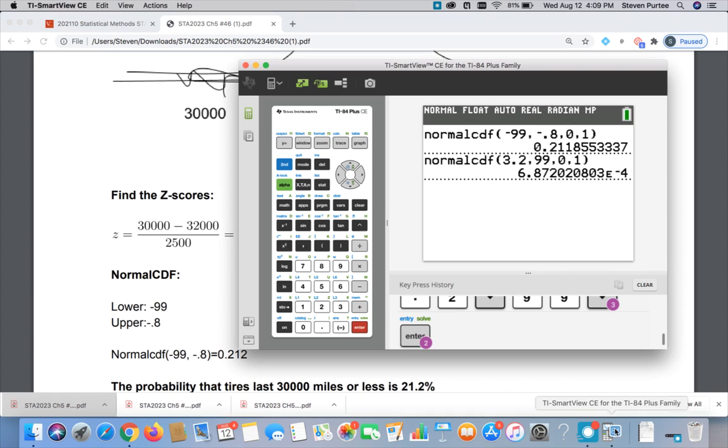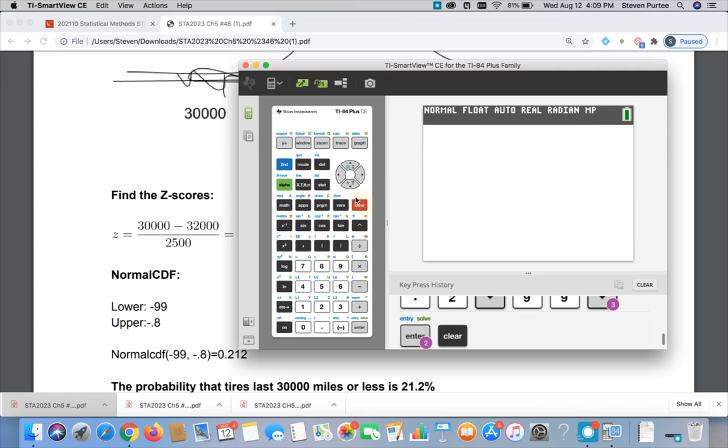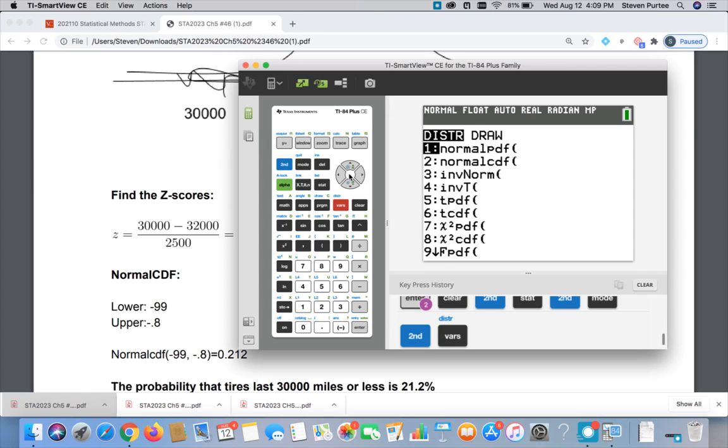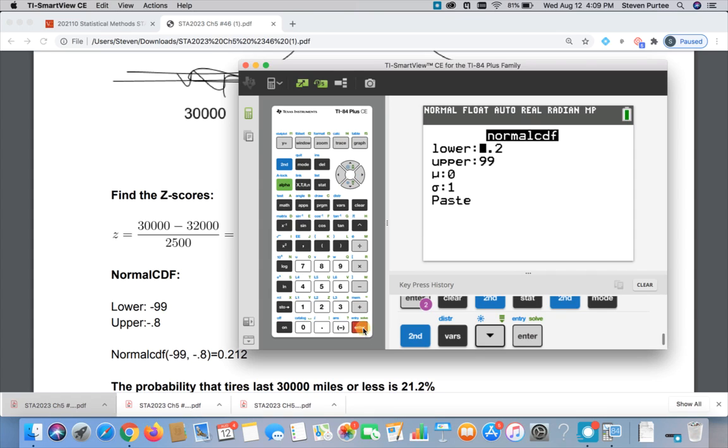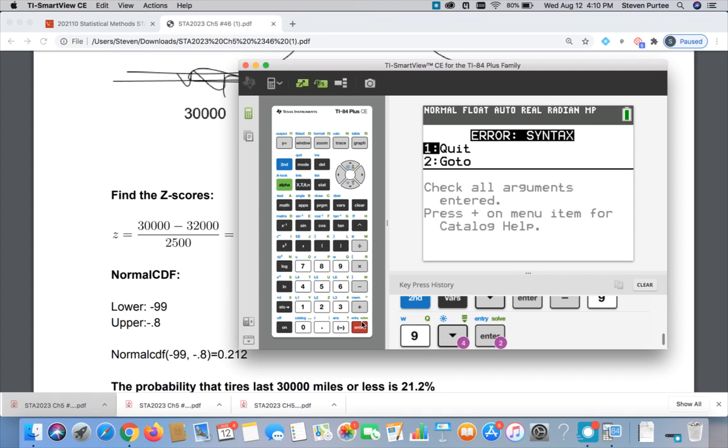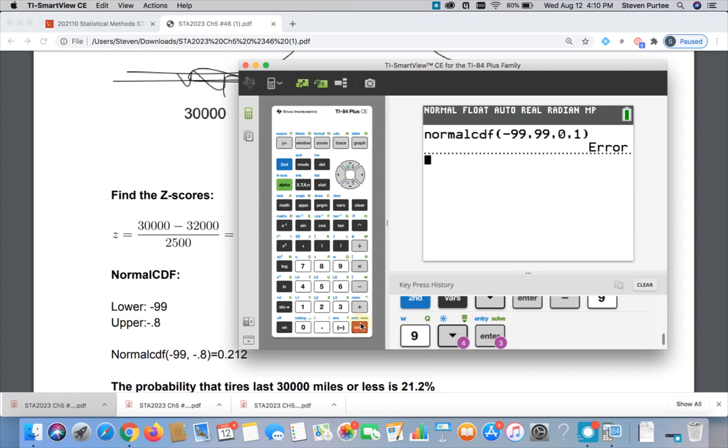Now you got to be careful typing negatives into your calculator. See, watch, if I type minus 99, no matter what the other one is, it's going to give me an error. Because this is the minus sign, this is the negative sign.